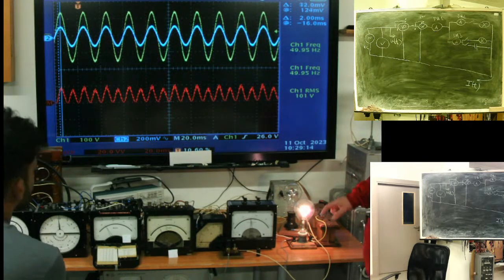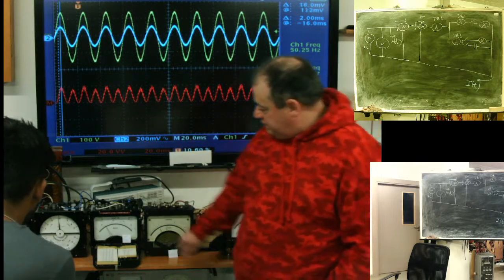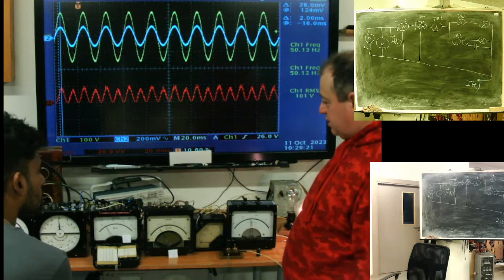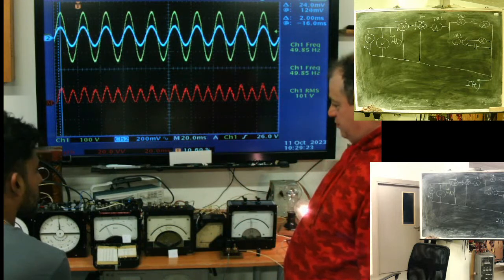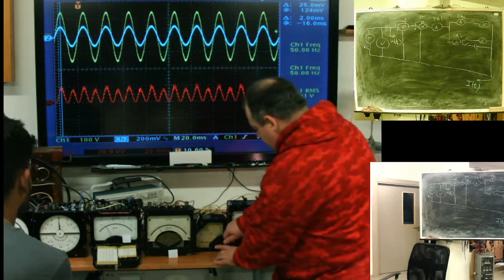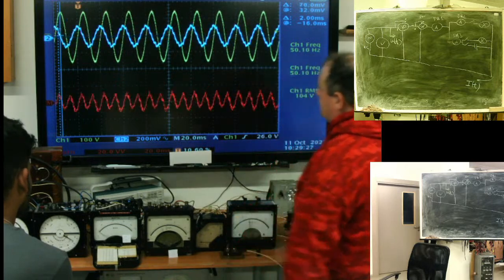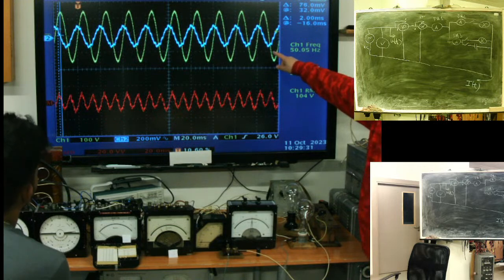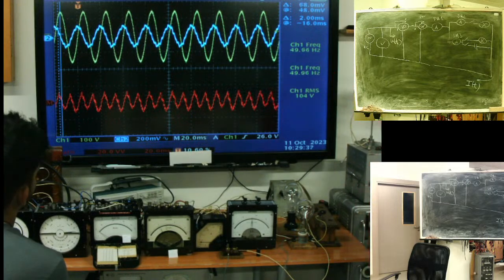So power is positive, we see it here: 40 multiplied by 2, 80 watts. Capacitor. See where the current is. It's shifted by 90 degrees relative to voltage.